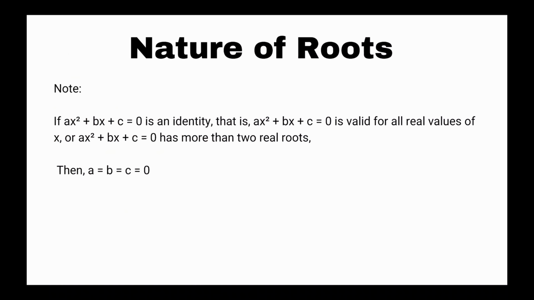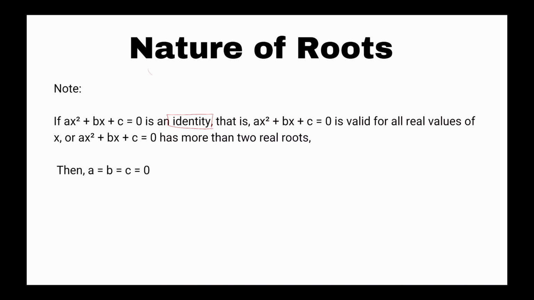Now talking about nature of roots, again the same things. Now there is another term that you have to study here, that is identity. What if I say that my function or my polynomial is an identity? If I'm saying that it is an identity, that means all my coefficients are 0.